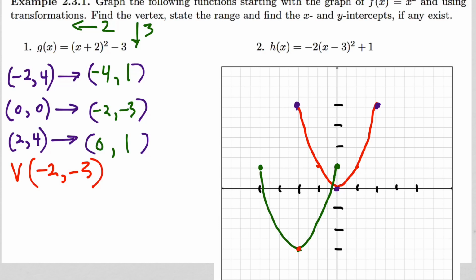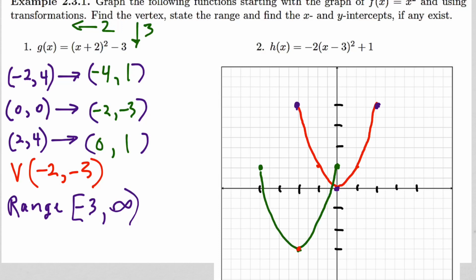So if I call my range R for range, well, I'll just write range. My lowest point, square bracket, -3. So that -3 is on the graph. That's why I have that square bracket. So lowest to highest, so that's lowest y. Highest y would be positive infinity round bracket. So the infinities always get a round bracket. Right, so that's my range.